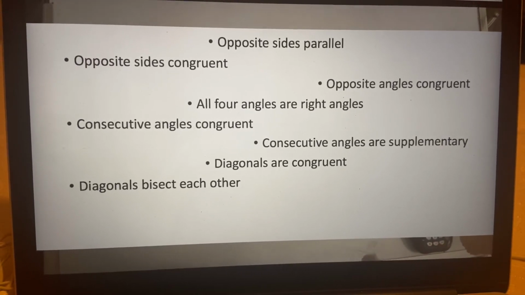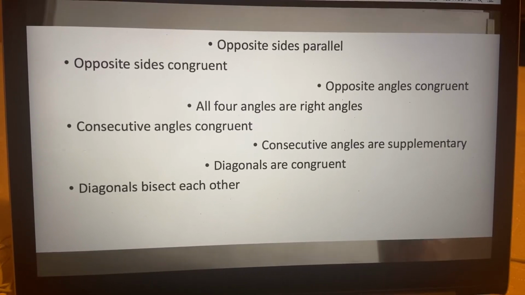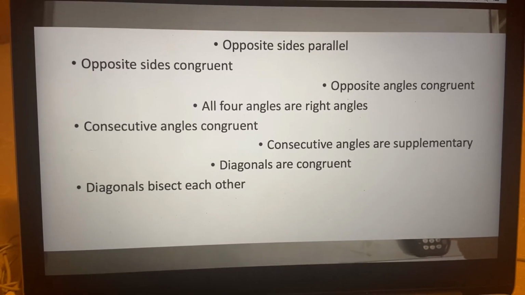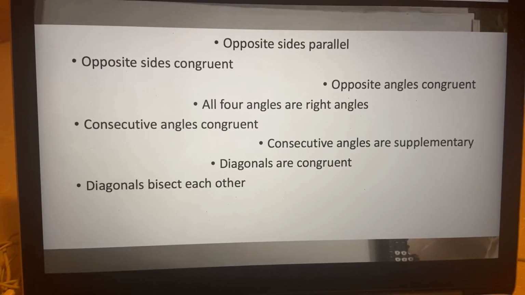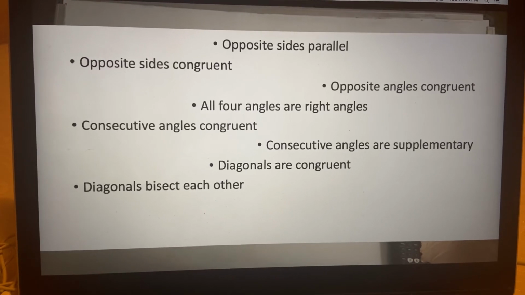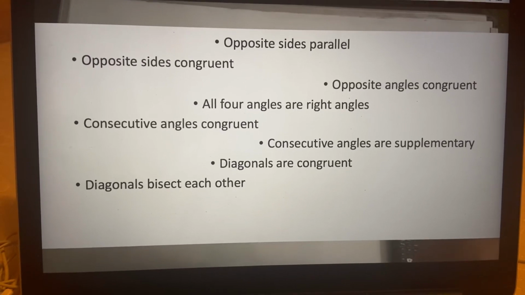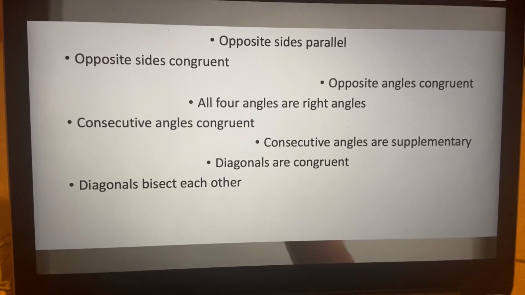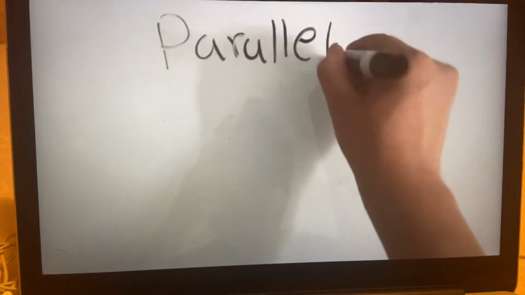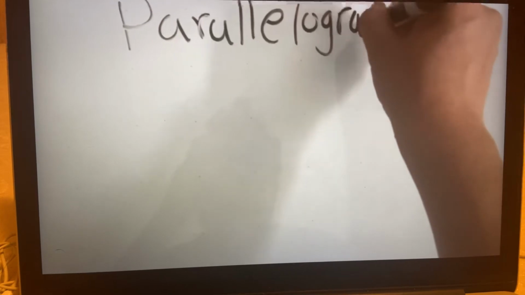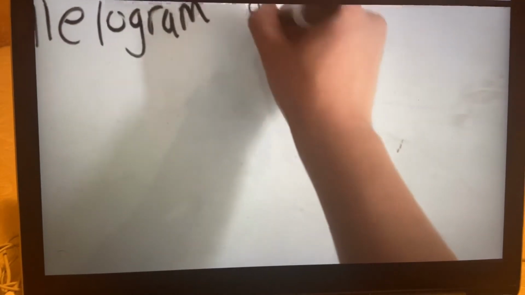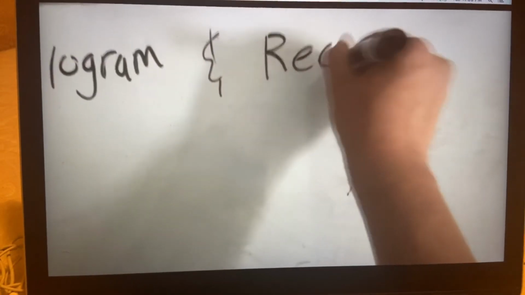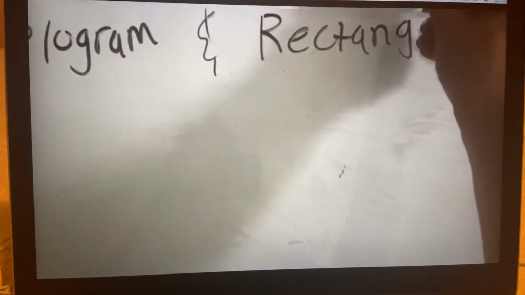As I said before, look at these characteristics on the display and separate them based on the shapes we've already talked about, which would be a parallelogram and a rectangle.